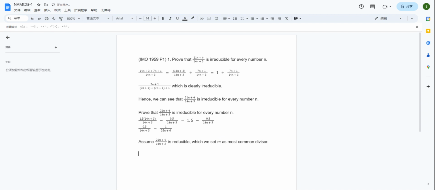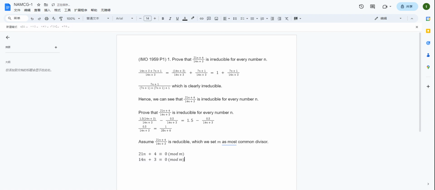So we can set up the following things, which is 21n plus 4 is 0 mod m, or you could set it as 14n plus 3 is 0 mod m as well.